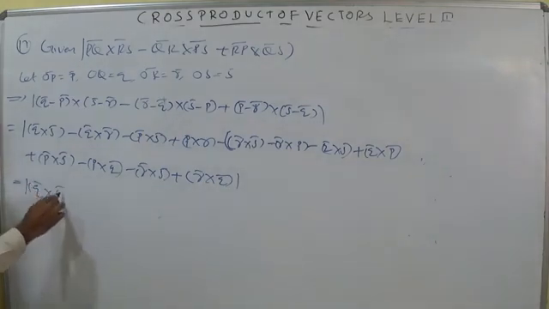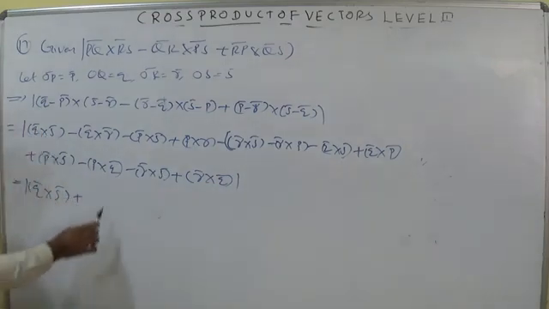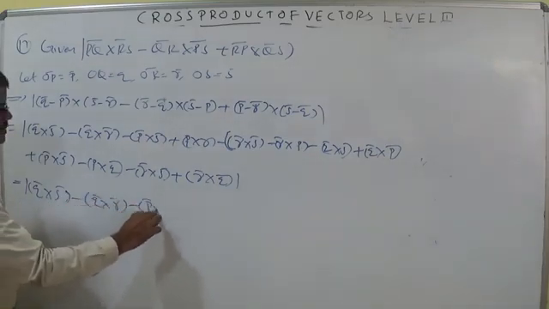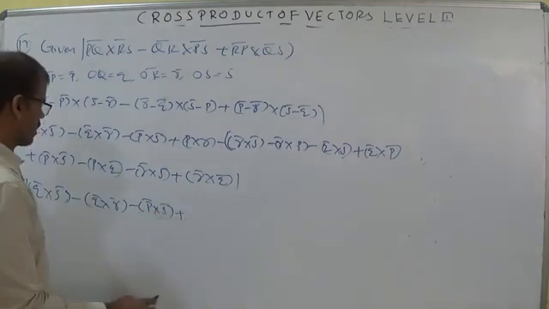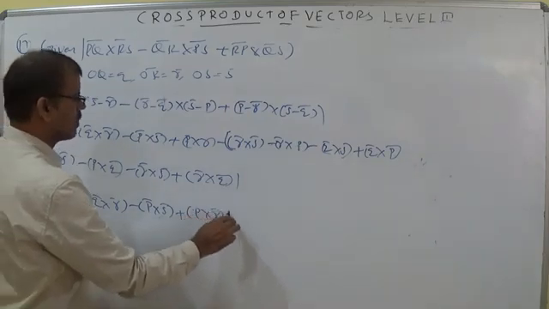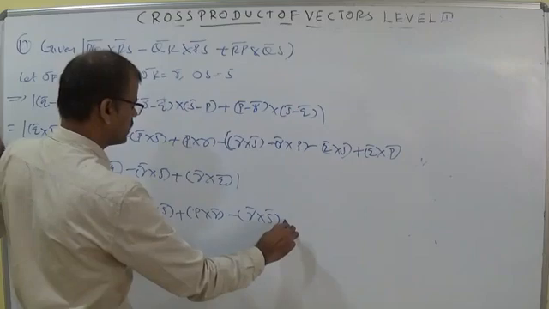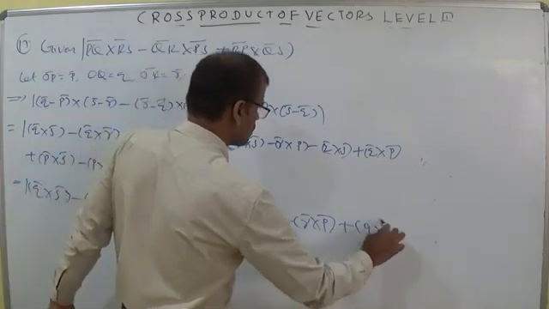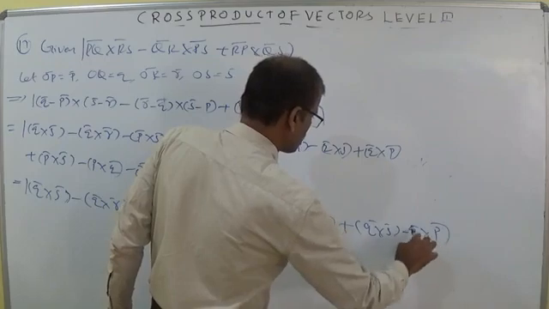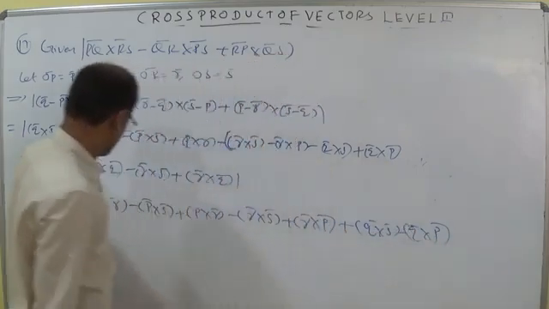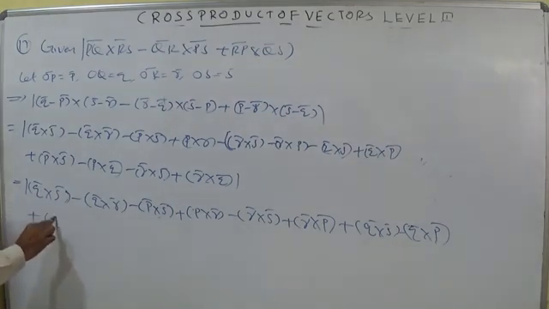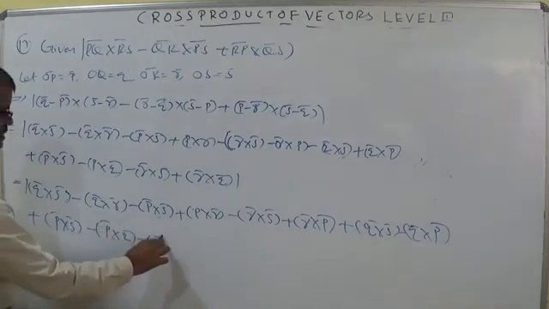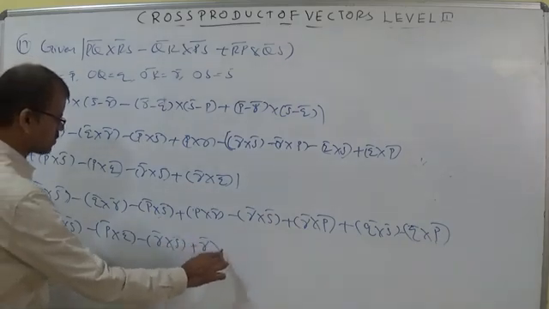Q cross S, minus Q cross R, minus P cross S, plus P cross R, minus R cross S, plus R cross P, plus Q cross S, minus Q cross P, plus P cross S, minus P cross Q, minus R cross S plus R cross Q.